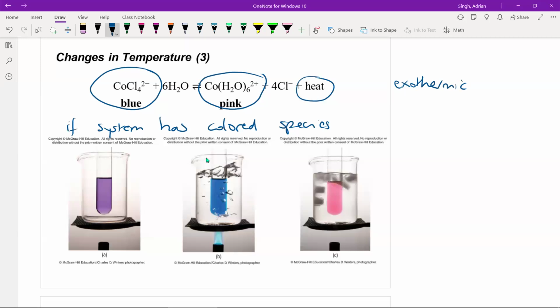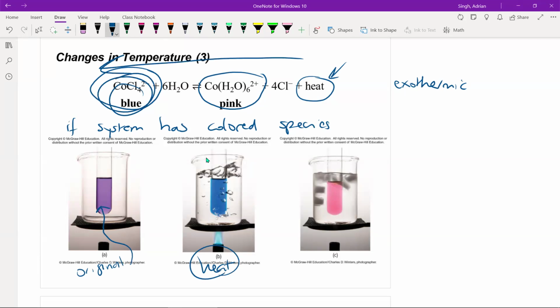And we can actually see the changes in color as we do certain things to it. So originally, this is our original color for this system at equilibrium. If we apply heat to it, okay, now we add heat, we add something to the right side, equilibrium shifts to the left, and as a result, the blue color is going to dominate. Now, if we cool this down, this is ice in here, by the way.